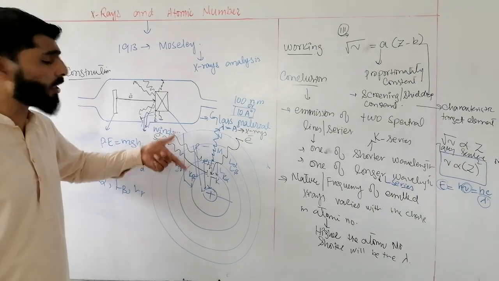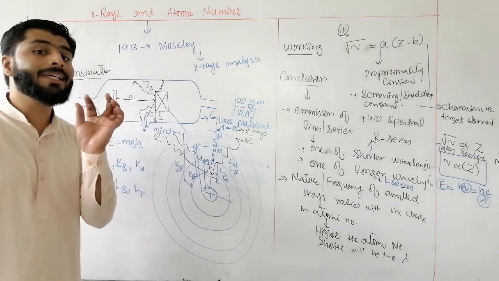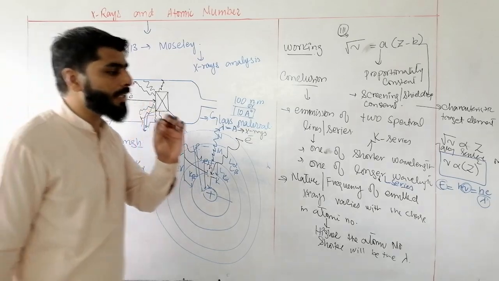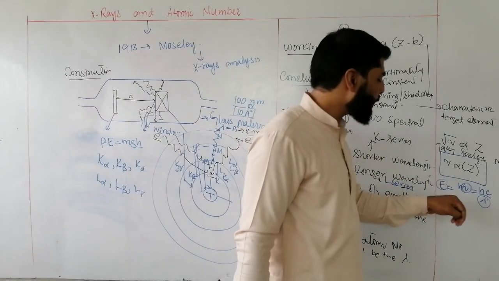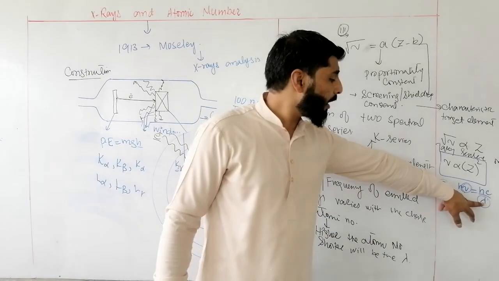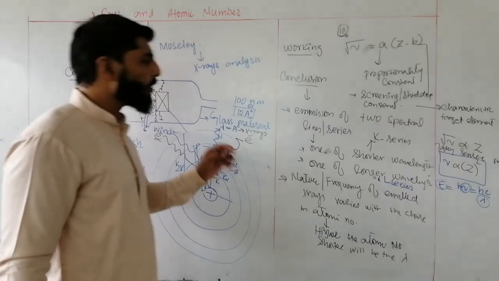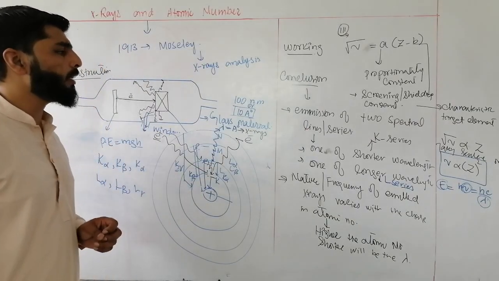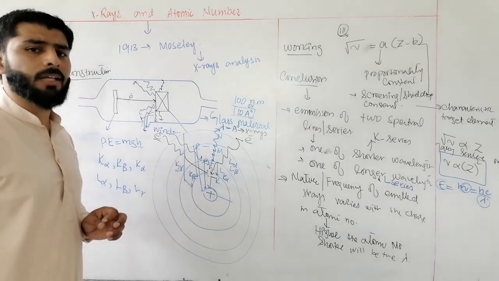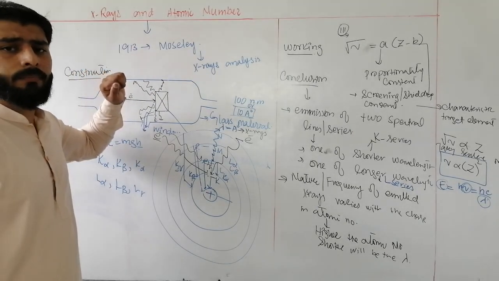When there is a bigger force, there will be a smaller change in energy. As a result, when the energy change is smaller, there will be a greater change in wavelength. This was the work of Moseley for the determination of atomic number by using the X-ray analysis technique.